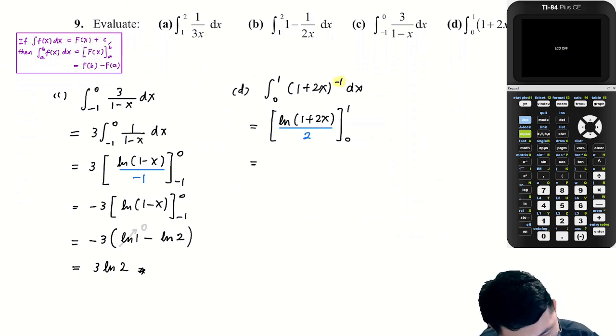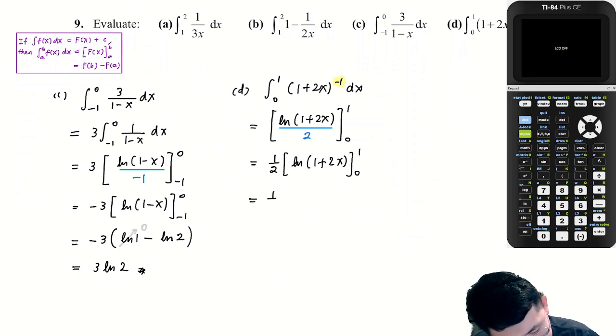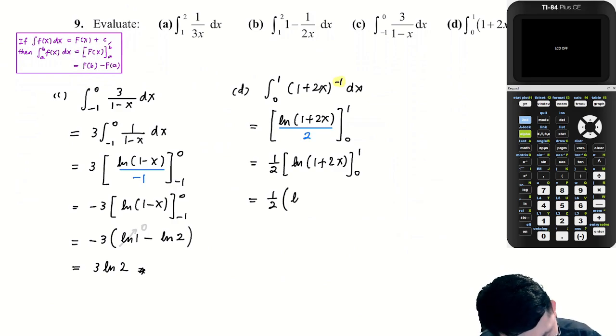Let's put in these values, or maybe I bring the half out first. Now let me sub in the values. Subbing in the top value 1 first, I have a ln 5. Then putting in the 0, I have a ln 1 minus ln 1. Once again, ln 1 is 0.